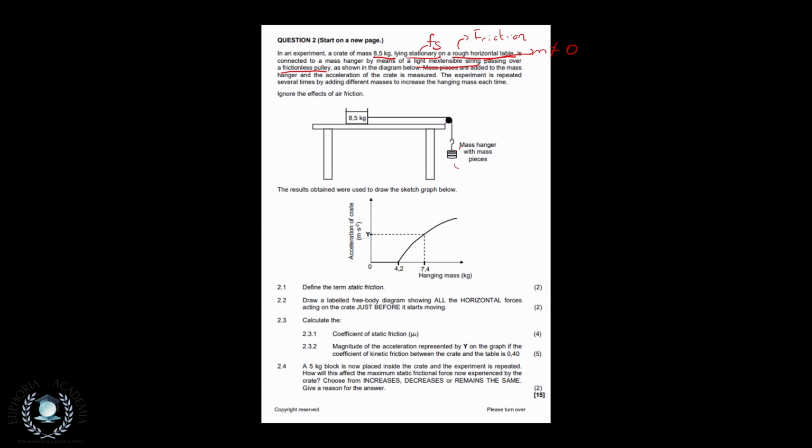That would mean that the force of gravity on this thing, mg, will not be enough to pull this crate along if the mass is smaller than 4.2 kg. That's essentially what it means. So let us get into the question, since we actually understand what is going on in the system.